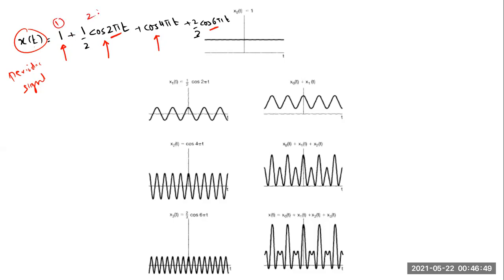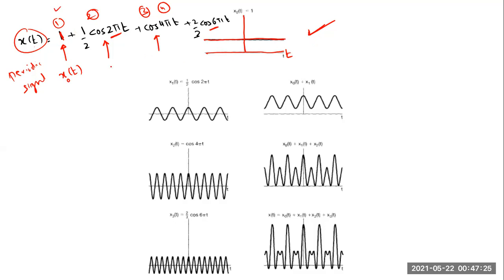So just to give you a visual idea, if you consider only the first component, which is constant one, the graphical representation is this: for all time, if you plot this signal, you will get this straight line. Let me call this x0.